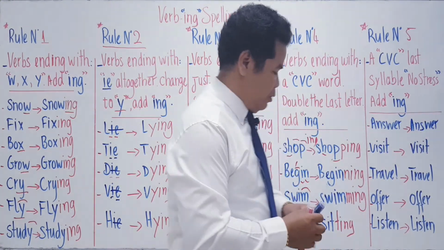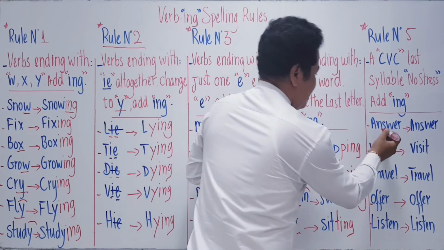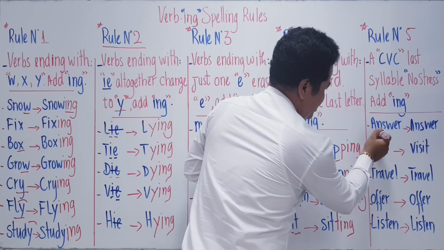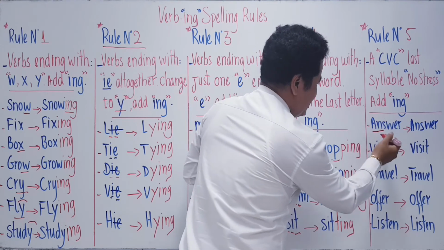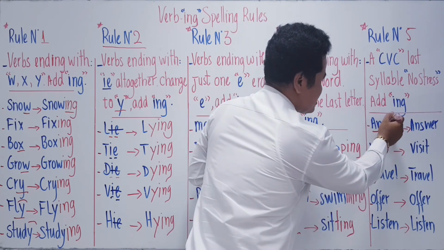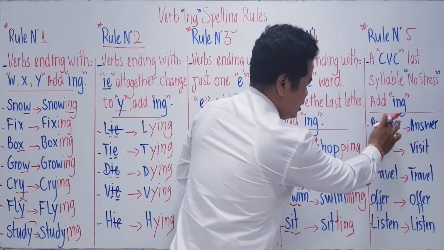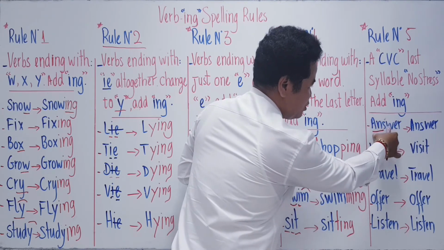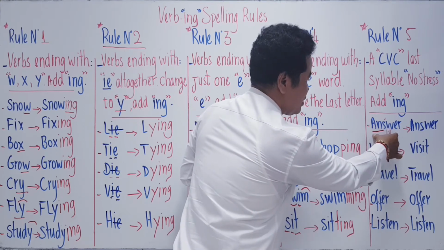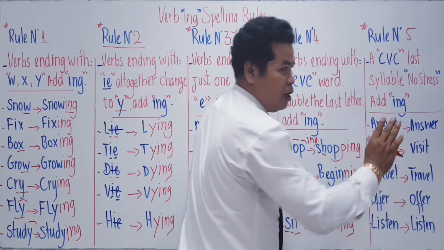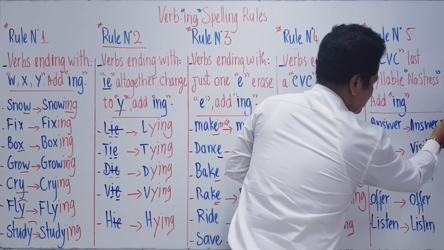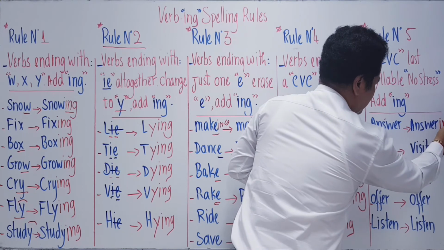Look at the example. Answer. So you cannot pronounce answer with stress on the last syllable. No, just answer. So here, no stress on the second syllable. You can pronounce answer, you cannot say answer with stress on the second. So you have to add ing only.